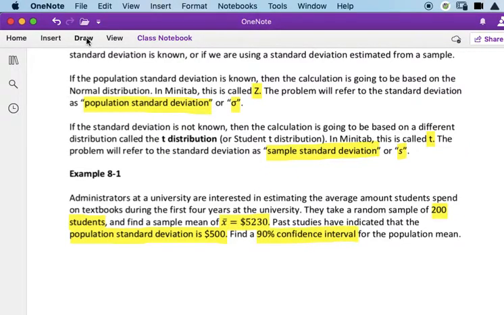So, in this problem, they're telling us the population standard deviation. So that means that we are going to use Z in Minitab. We have our sample mean of 5,230 and our sample size of 200. And we want to find a 90% confidence interval.